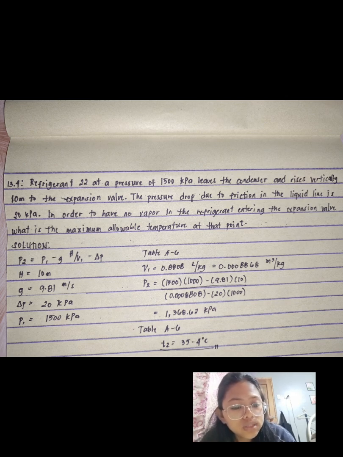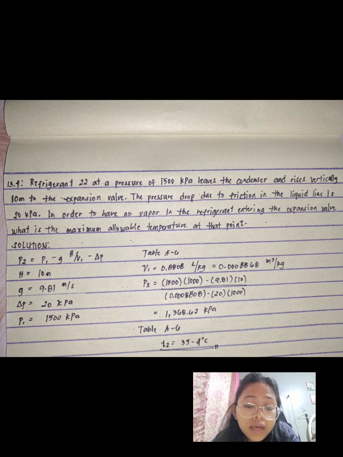So from table A-6, v1 is equal to 0.8808 liter per kilogram, and simplified, 0.0008808 meter cubed per kilogram. P2 is equal to 1,500 times 1,000 minus (9.81 times 10) over 0.0008808 minus 20 times 1,000, and the answer is 1,368.62 kilopascal.